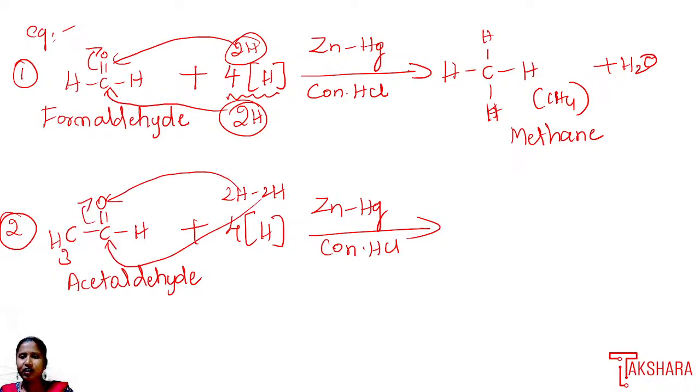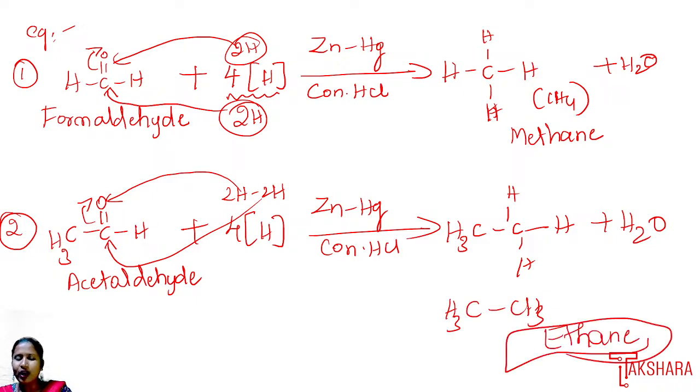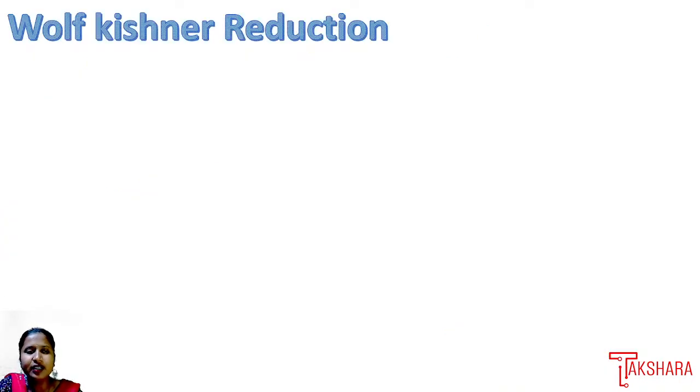The bond shifts here, and the water molecule is removed, so the product can be written as CH3CH3, which is nothing but ethane. Ethane is a hydrocarbon, so the hydrocarbon ethane is formed as the product. This is another example of Clemmensen reduction. Next we'll take one more example.